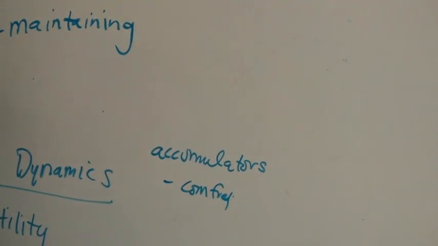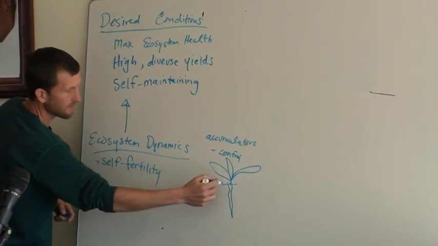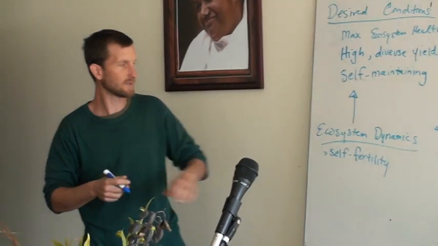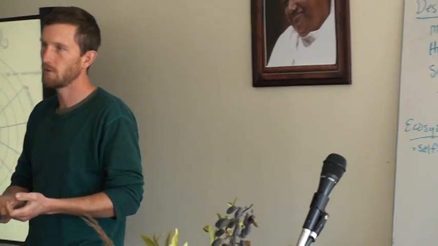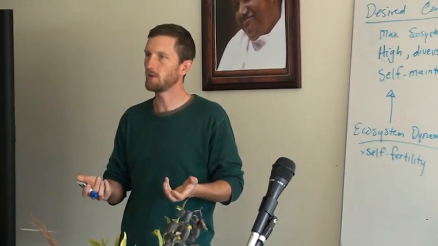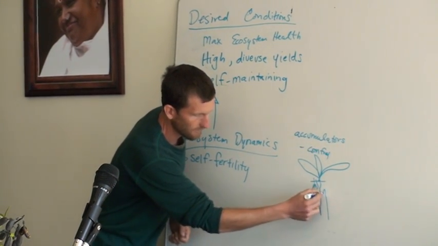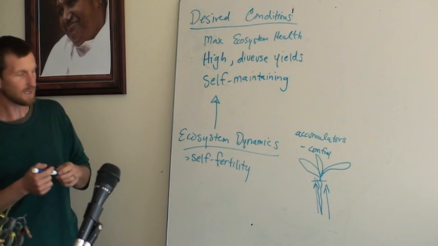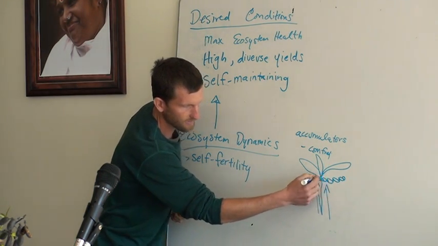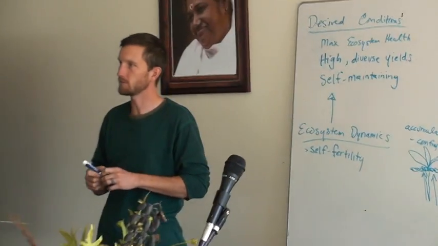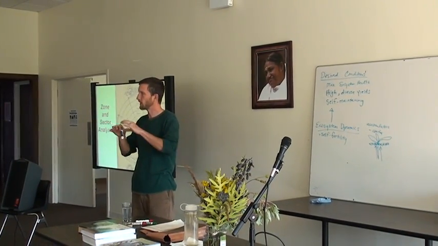That has a nice deep taproot and really big leaves, and it's a perennial, but a couple times a year it will grow out these really big leaves, and then you can either cut them or the leaves will naturally fall off and then regrow. So they're pumping nutrients up out of the soil from deep down, and then depositing their leaves on the surface of the soil, making those nutrients accessible to all the other plants that are feeding in the shallow layer of the soil.